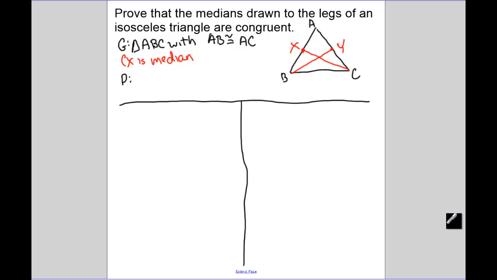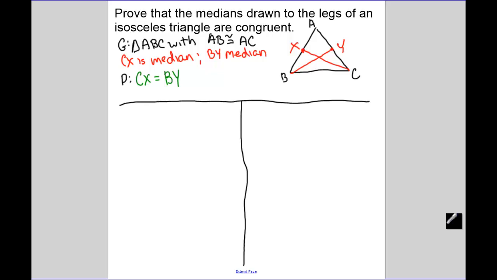So BY is a median. CX is a median. And BY is a median. Okay, so prove that the medians drawn to the legs of the isosceles triangle are congruent. That's what I'm trying to prove. I'm trying to prove that CX is congruent to BY.